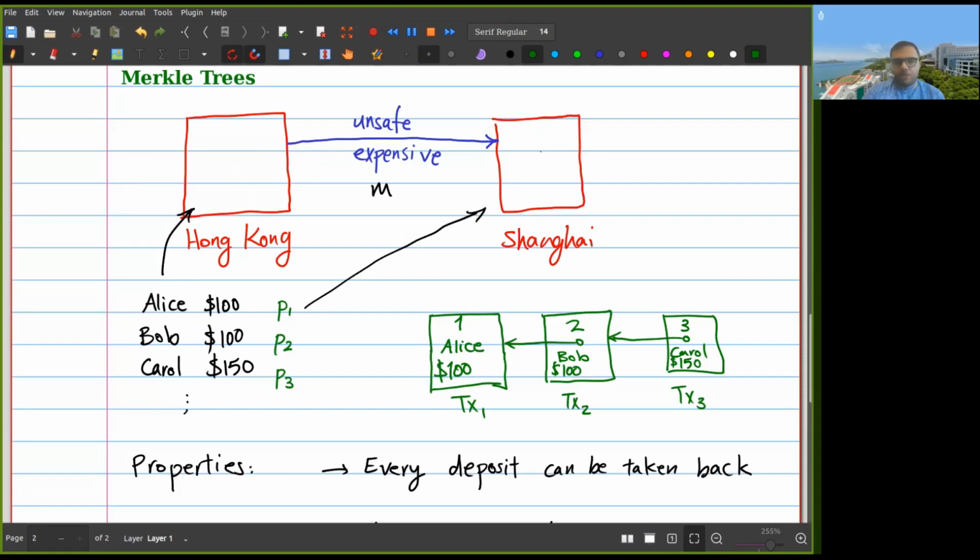But would this actually work? Well, the hash that I'm sending is actually, as we've seen before, a commitment to all the transactions. So when I send this hash, I'm basically making sure that none of these transactions can change, in a sense.